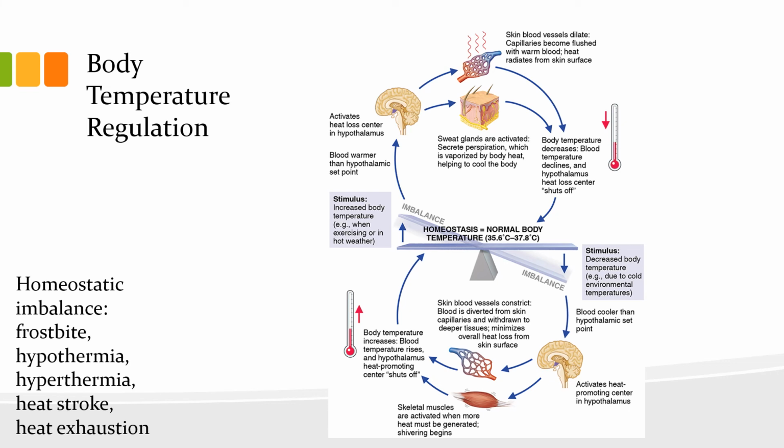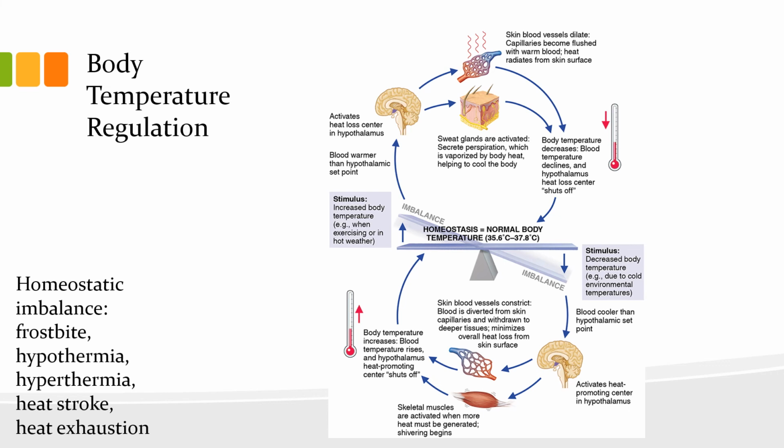A couple things happen. Sweat glands are activated, skin blood vessels dilate, capillaries become flush with warm blood, and heat radiates from the skin surface to try to rid the body of some of that heat. As a result, the body temperature begins to decrease back to that hypothalamic set point, shutting the hypothalamus off as we reach homeostasis.